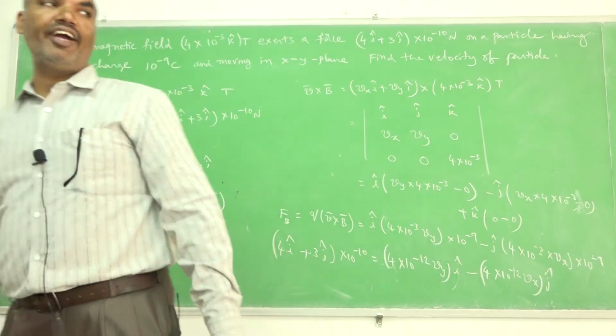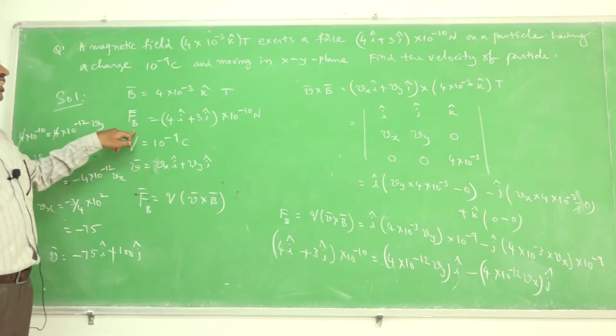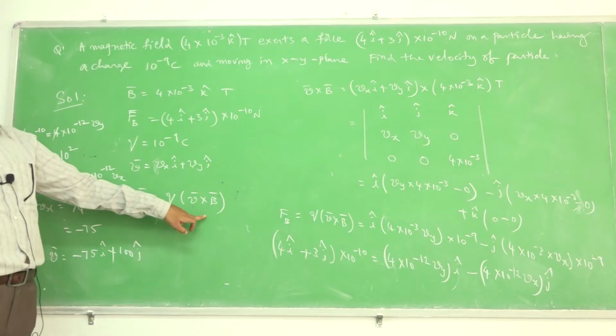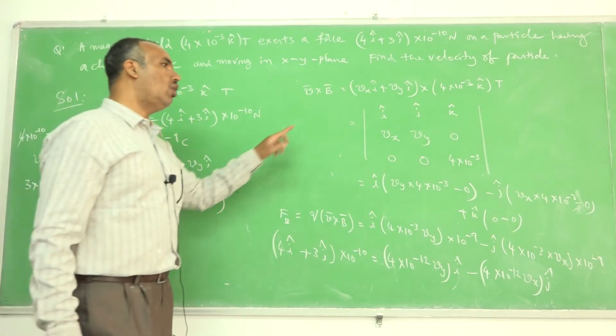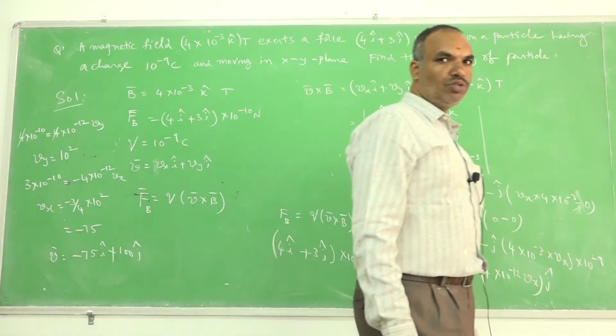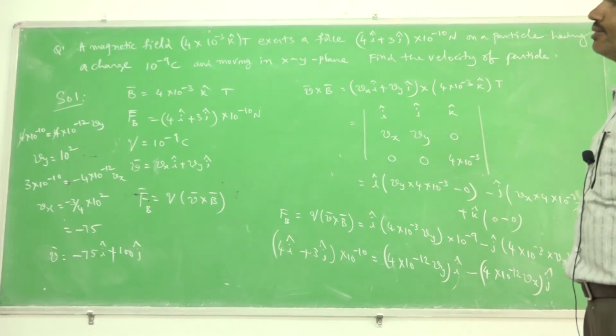The basic idea of this problem is we should know the force experienced by a charged particle in magnetic field, that is Q into V bar cross B bar, and also we should know how to expand the cross product. By knowing these two, you can calculate the required answer.